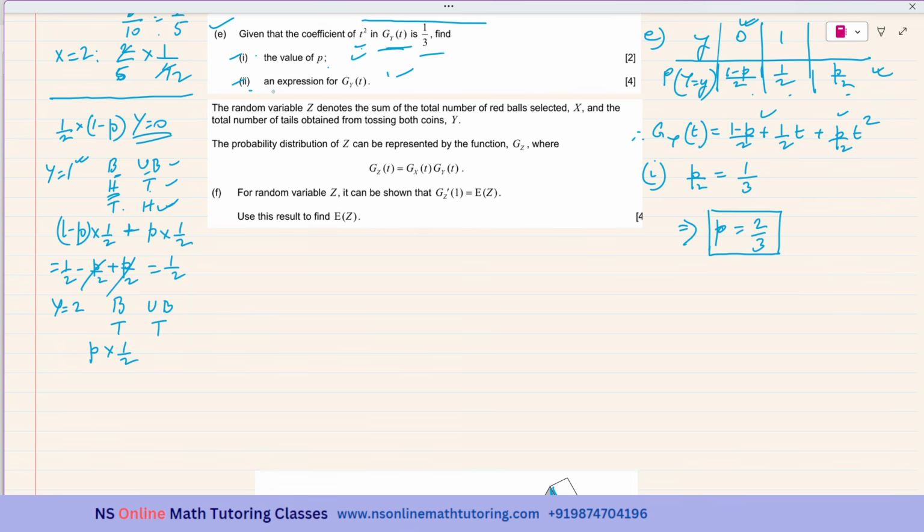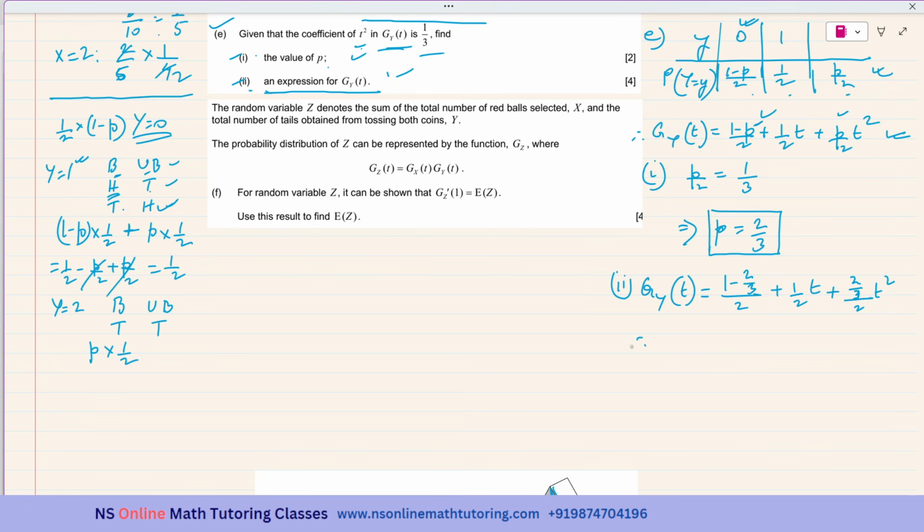Now, find an expression for gy of t. We have found the expression of gy of t, but we did not know the value of p. So now that we know the value of p, let us rewrite the expression. gy of t is equal to (1 minus 2 over 3) divided by 2, plus half t, plus (2 over 3) divided by 2 t square.